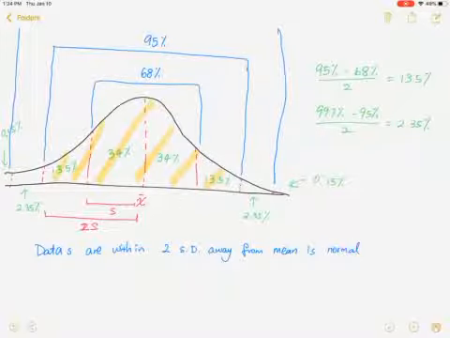Then if it's 2 standard deviations below or above the mean, it's going to be considered not that usual, but it's not necessarily an outlier, depending on where the data is exactly located.